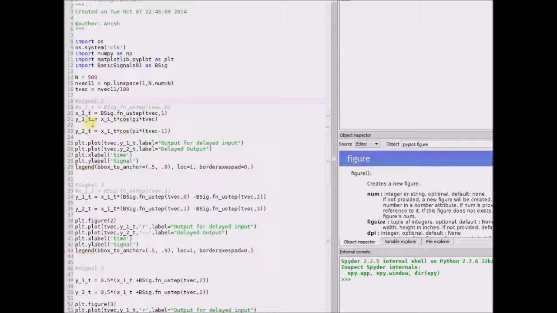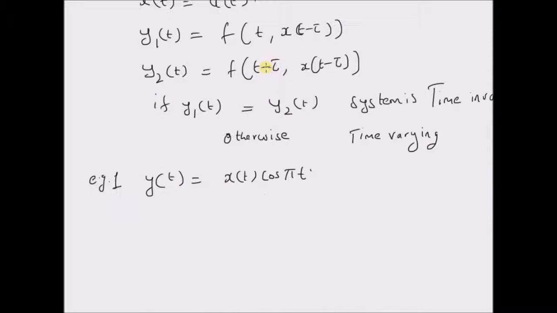Here we assume that the delay tau is equal to 1. Then y1 of t is the corresponding output when the input is delayed by the value 1. y2 of t corresponds to the function f of t minus tau comma x of t minus tau, that is, all the time variables are delayed.